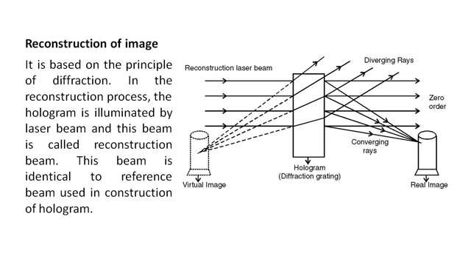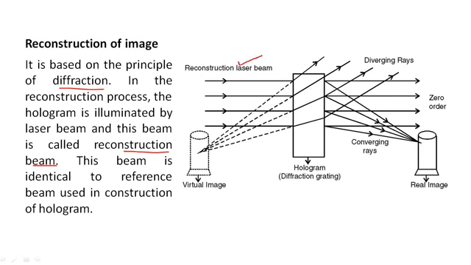Now the reconstruction of image. It is based on the principle of diffraction. In the reconstruction process, the hologram is illuminated by a laser beam, and this beam is called the reconstruction beam.